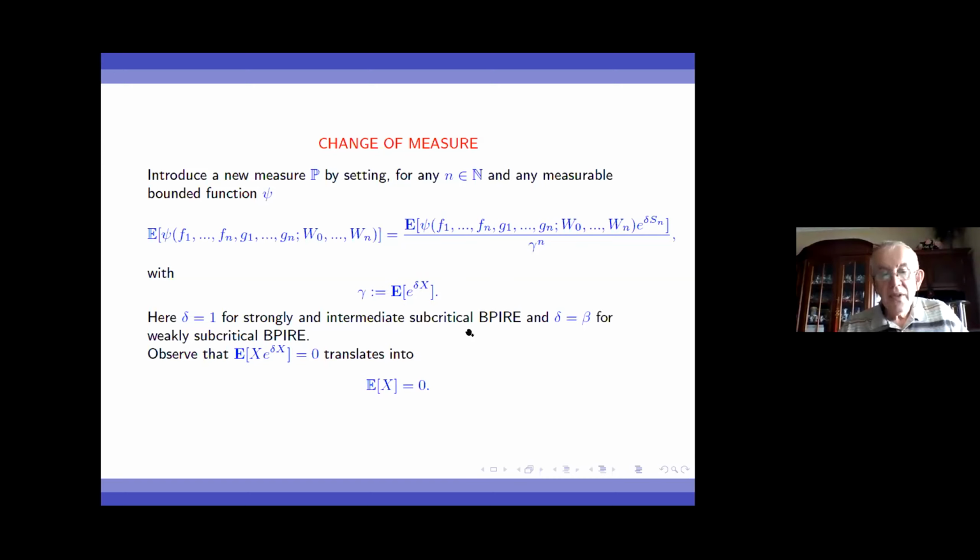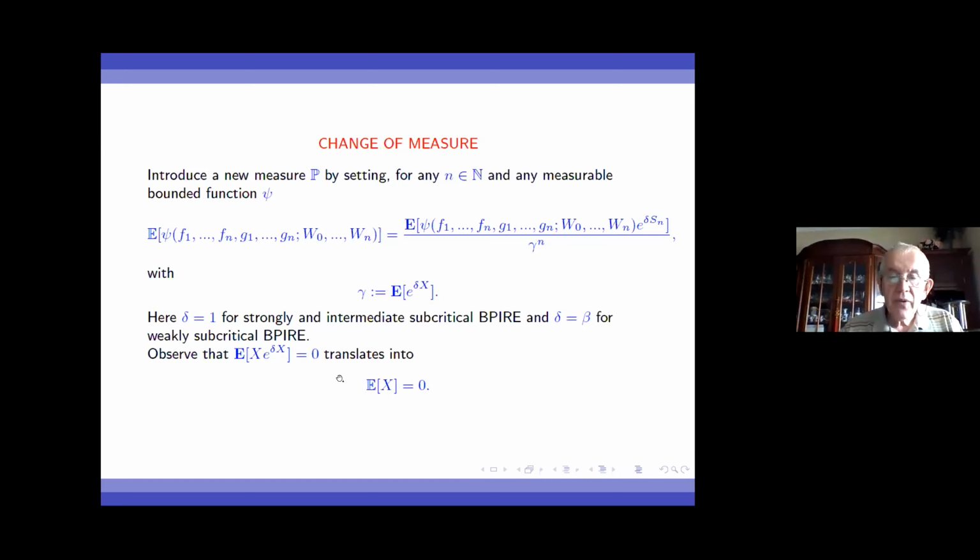And so in this case again, if we have, for instance, this quantity, where delta is equal to 1 if we have an intermediate or strongly subcritical process, or delta is equal to beta, which is between 0 and 1, then in this case, under the new measure, this quantity x, which will generate some random walk, will be driftless, and this helps a lot.